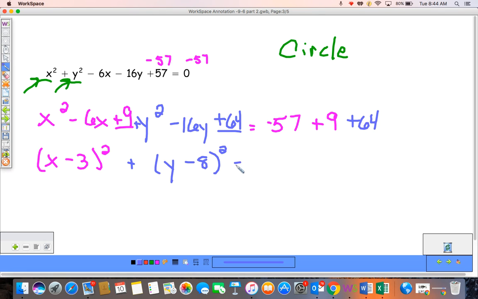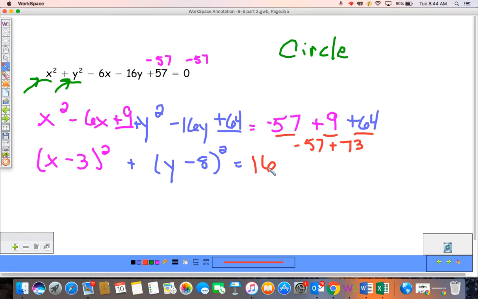Squared equals, gosh, guys, let me see, 57, well, let's see, 9 plus 64 is 73, and then -57 plus 73, I'm pretty sure that's 16.